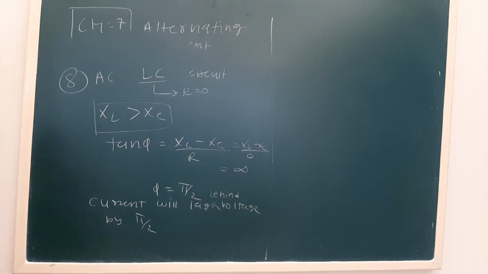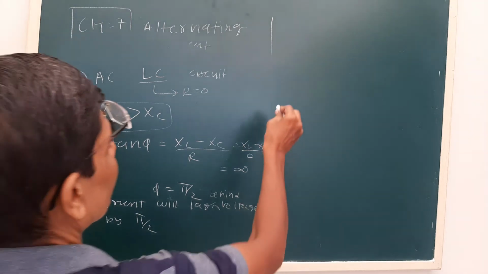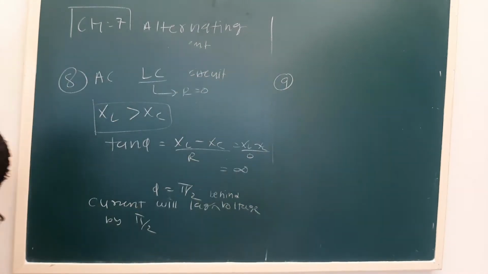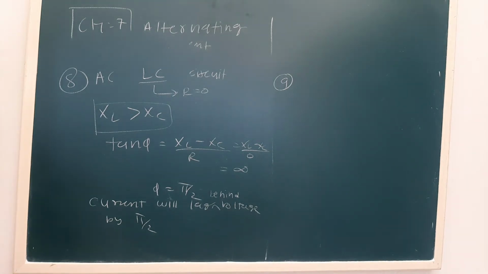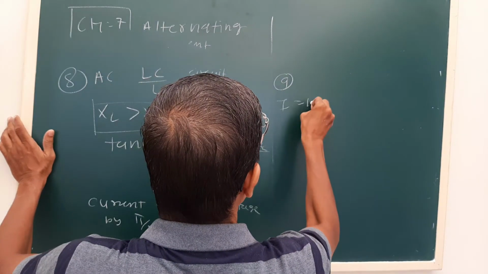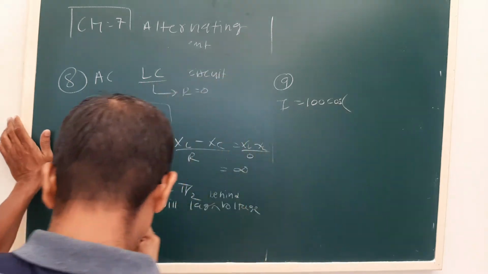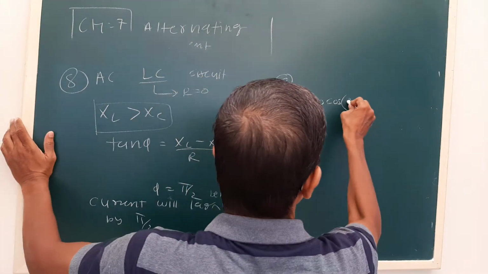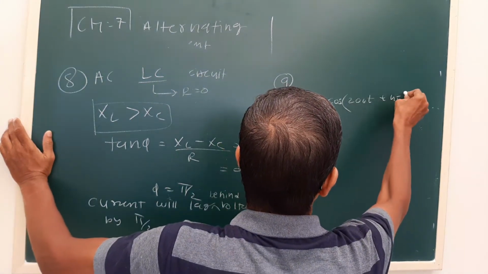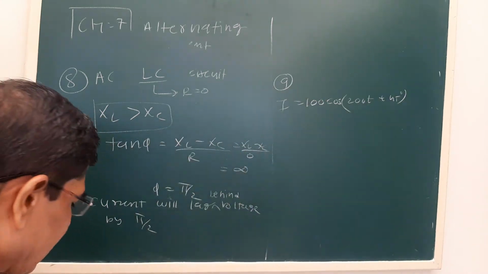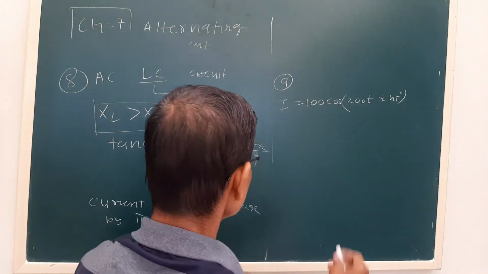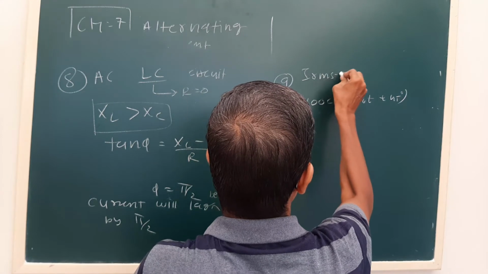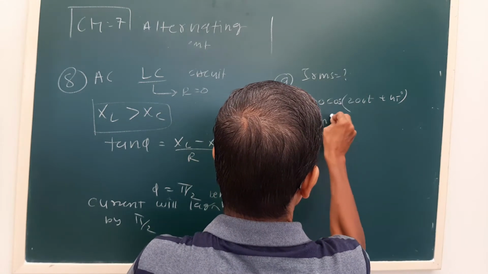See our next MCQ. See, what is the RMS value? I is equal to 100 cos 200 t. Now if I compare, see here we have to find out RMS. Im cos.